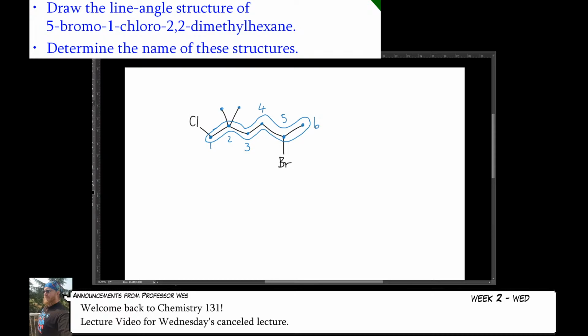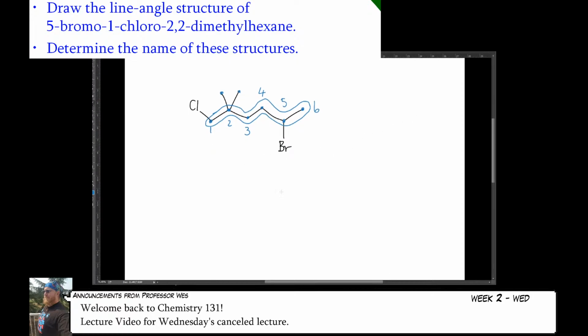Now, if you are ever unsure of how to draw the structure, you can research this, but what you'll definitely note is that oftentimes you end up getting a conformation. Remember that a conformation is just a different way to draw this molecule. So instead of drawing it in a linear fashion, what you might end up finding would be something like this.